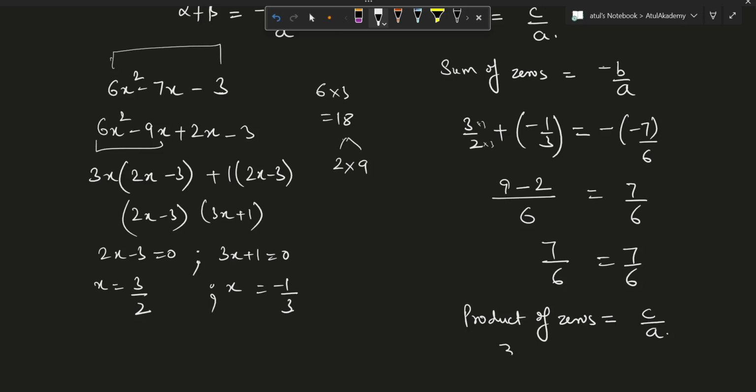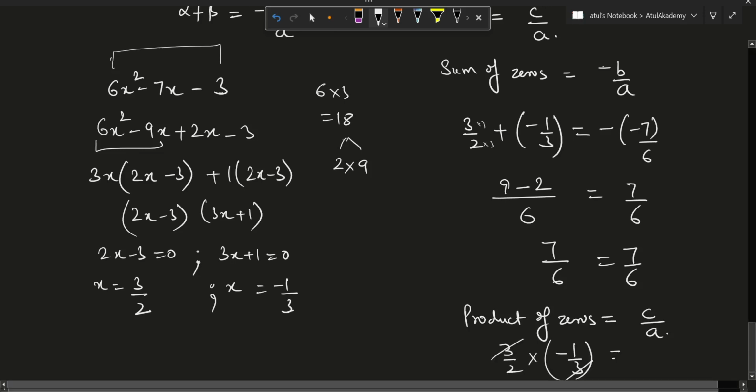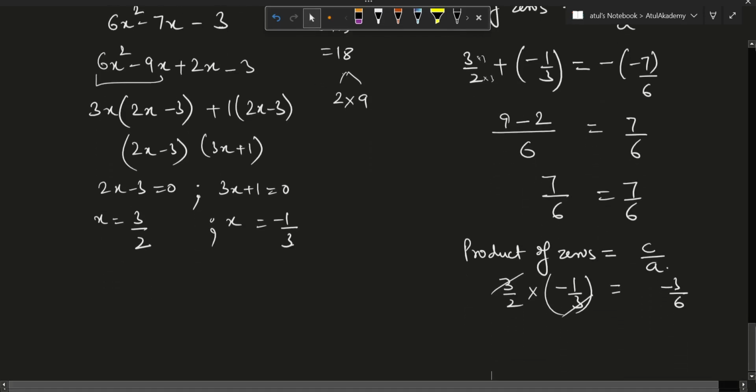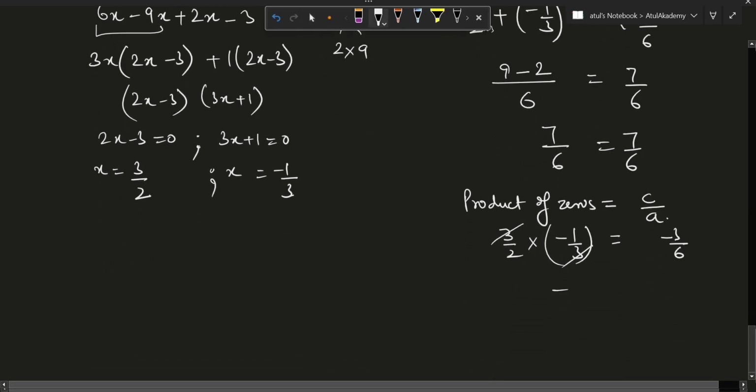The product will be 3 by 2 into minus 1 by 3. So 3 cancels out. c by a is minus 3 by 6, so you'll get minus 1 by 2, also minus 1 by 2. Hence verified. So this is the relationship between zeros and coefficients of the polynomial.